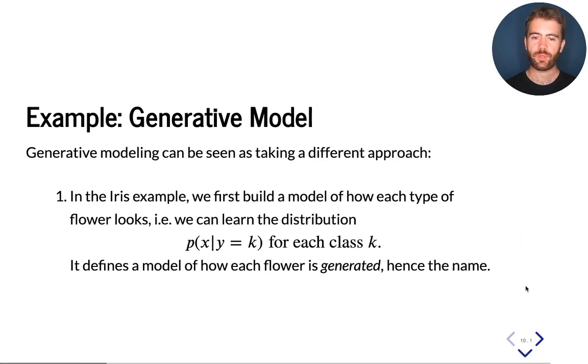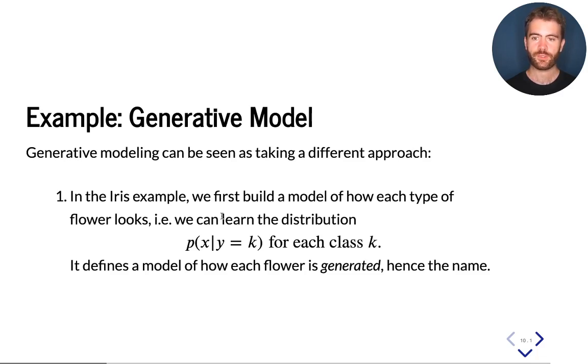And now let's compare this to what a generative model would do. In a generative approach, we would do something a little bit different. In the iris example, what a generative model would do is first build a model of how each type of flower looks.